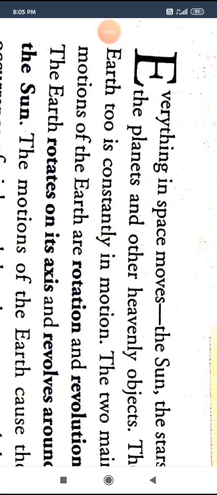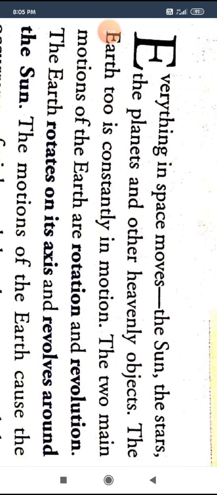In the solar system, the sun, the stars, the planets and other heavenly objects consist. So Earth is also a part of the solar system. Everything which is in space moves.